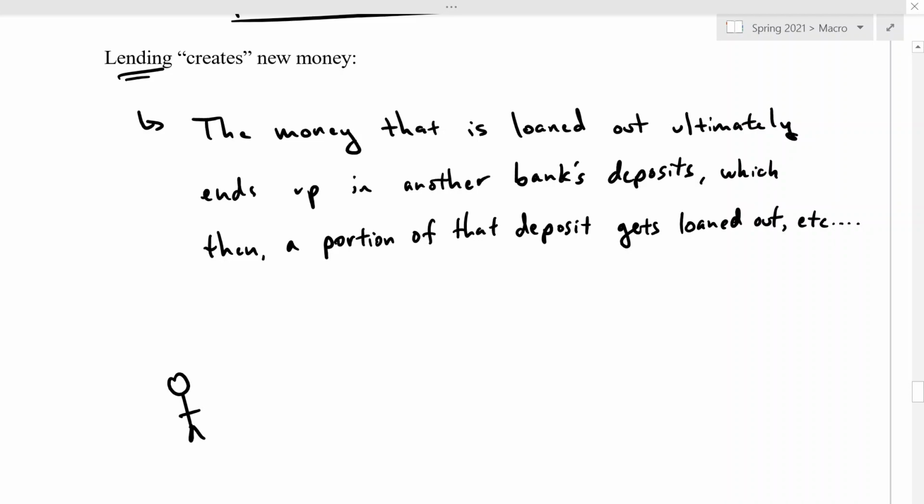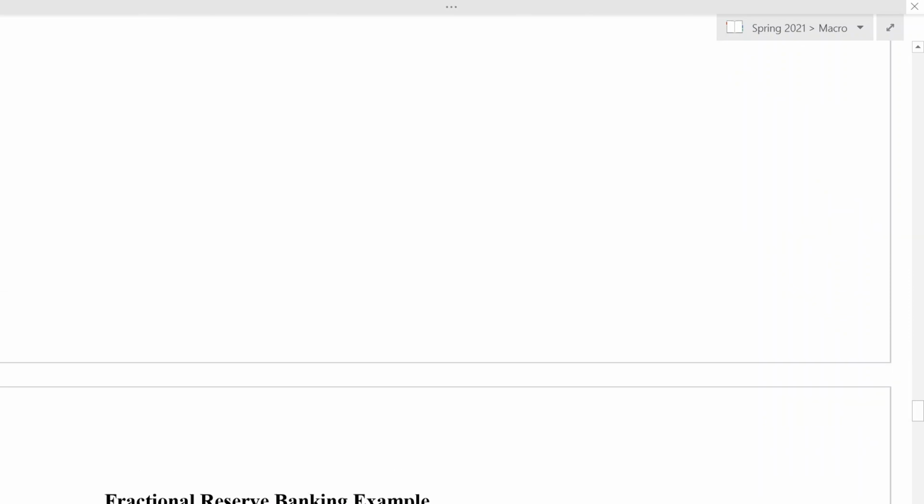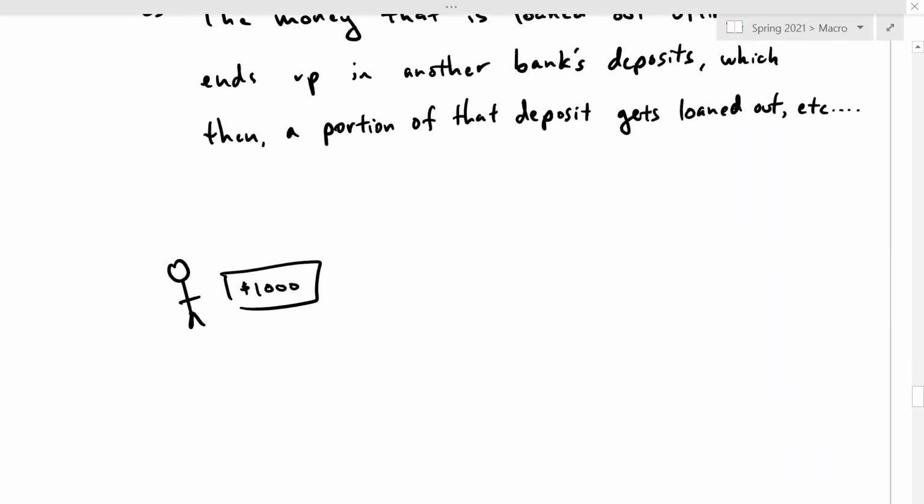Again, let's start with me, the initial depositor, and let's say I have $1,000. Let me use the same 10% reserve ratio. I have $1,000 that I don't need to spend right now, so I'm going to put it in the bank.